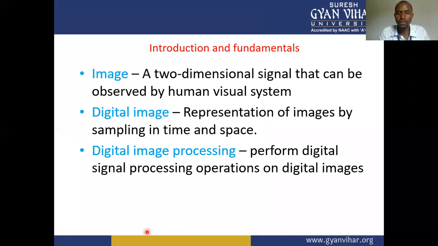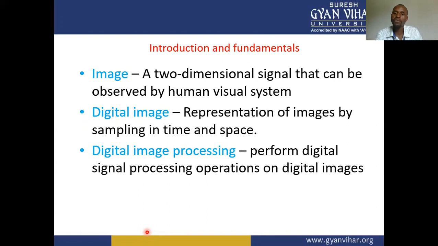Now, in this class, we are going to start on the introduction and fundamentals. This is the first step towards understanding what you're going to cover today. And the first fundamental you're going to look at is what is an image.